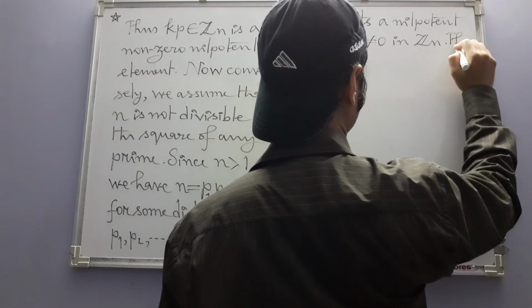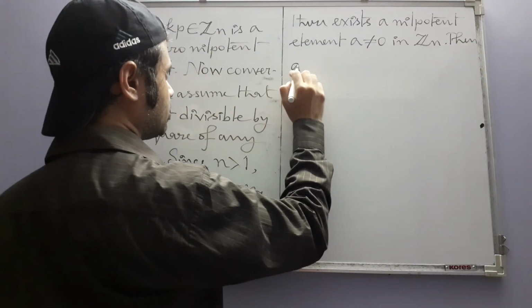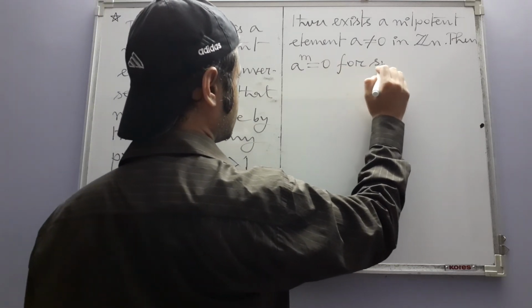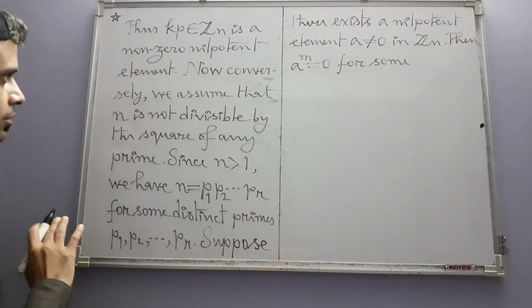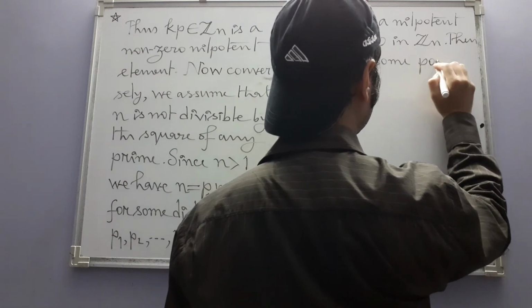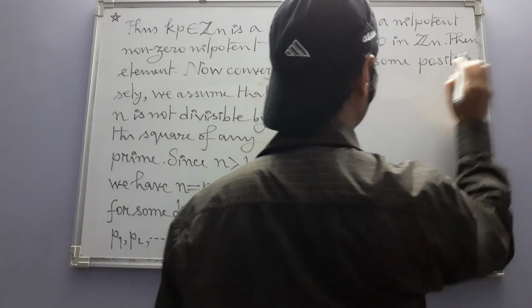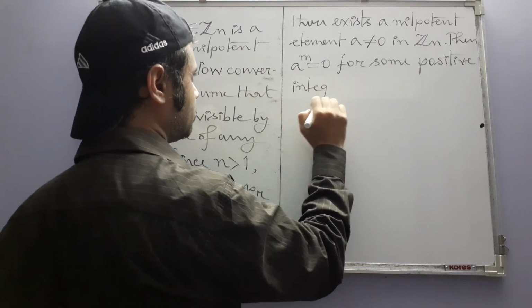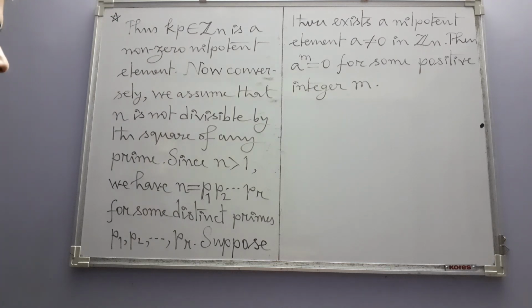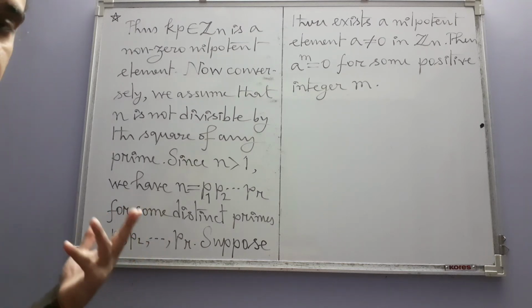Then some power of a equals 0 for some positive integer m. Now a to the power m being 0 is happening in Zn, so it has that interpretation.